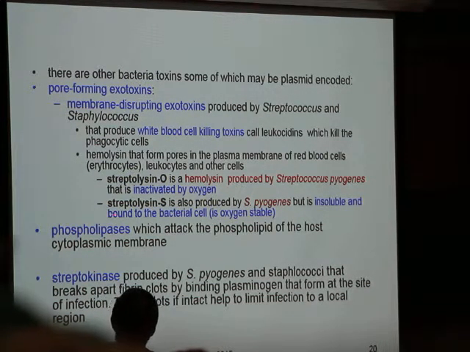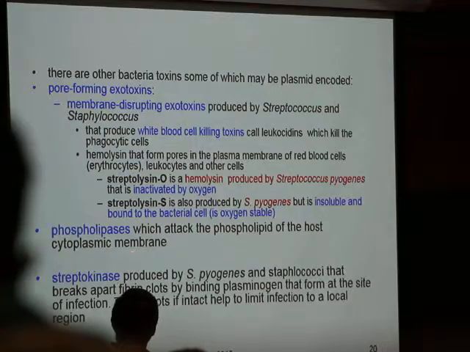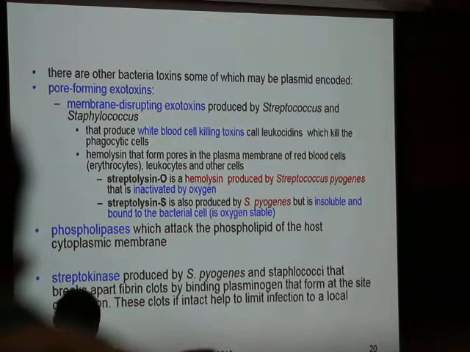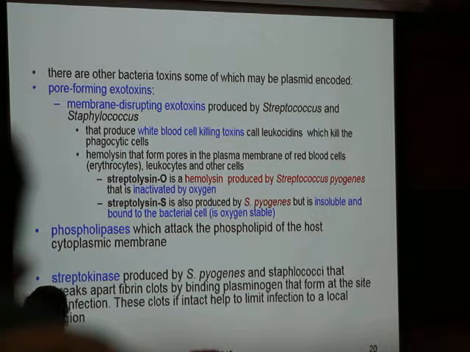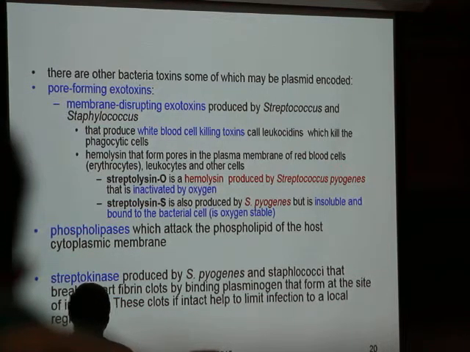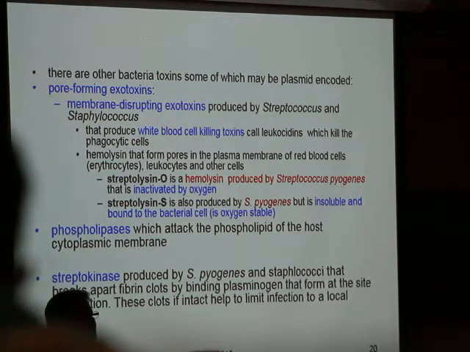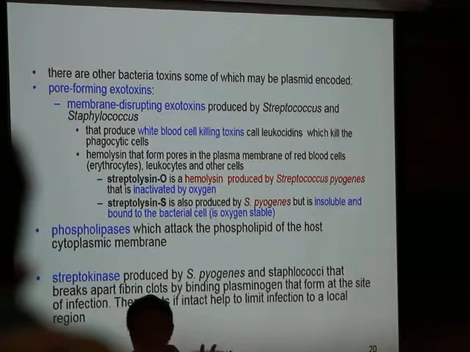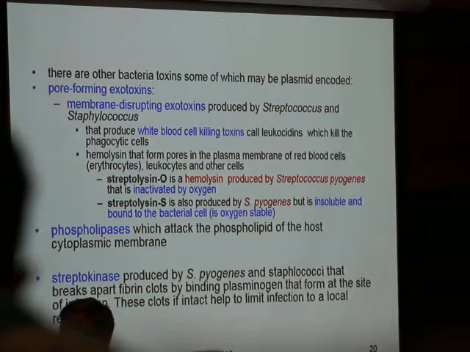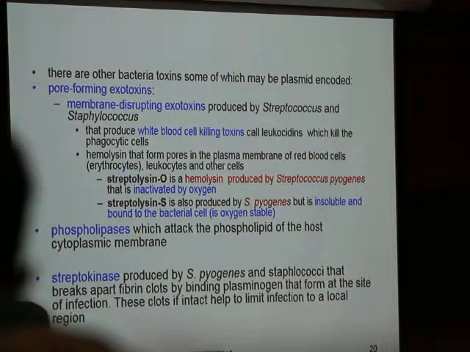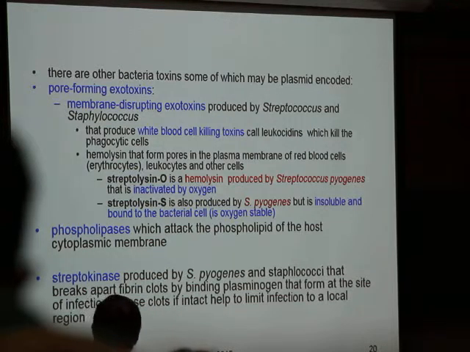There are also examples, as I said, of phospholipases, which specifically attack the eukaryotic host cytoplasmic membrane. Then there's another enzyme called streptokinase. By the way, these are just a small example of the types of disrupting toxins available to the bacterial arsenal.